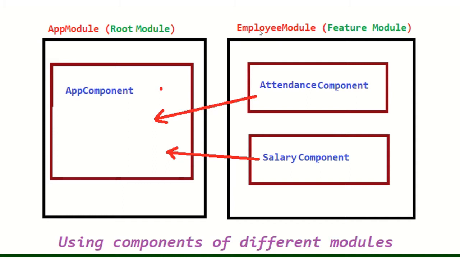So we have five TS files. TS means TypeScript .ts files. One TS file will be app module.ts. Then another TS file will be employee module.ts. Another TS will be app component.ts, and similarly attendance component.ts and salary component.ts.